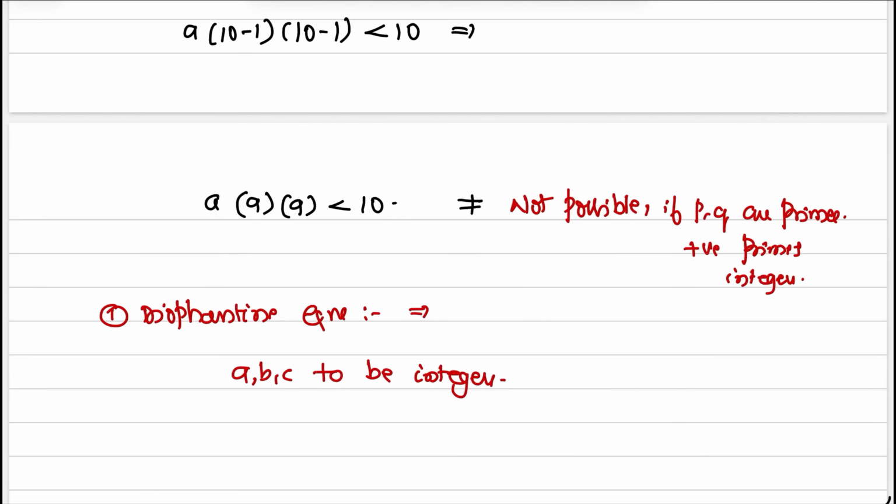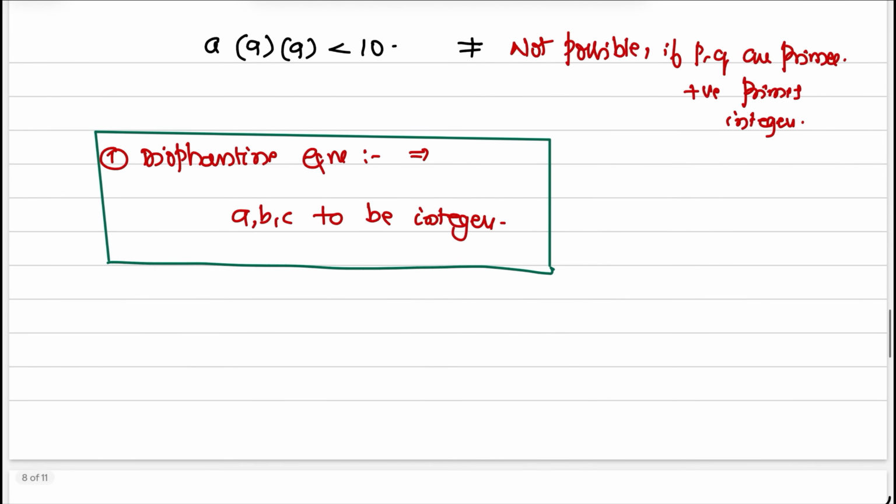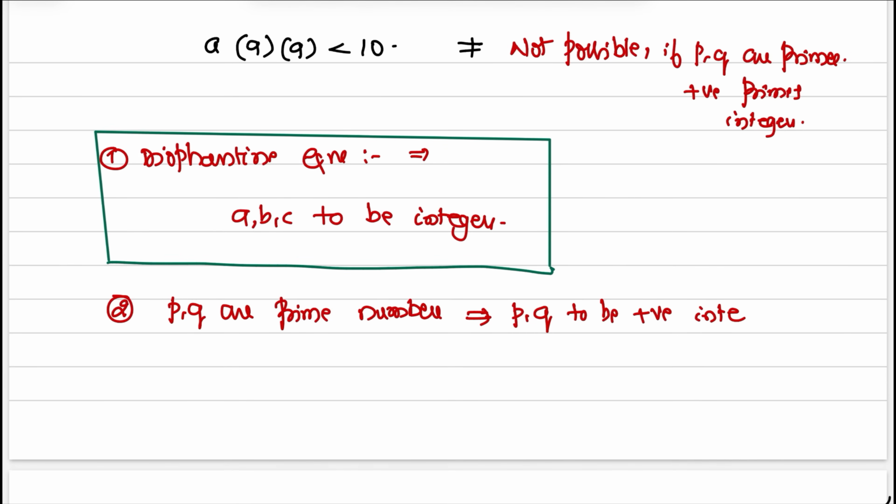Please keep this in mind. This is one condition. And the second condition is P and Q are prime numbers. This is the condition given. That implies P, Q to be positive integers, compulsory. Positive integer primes.